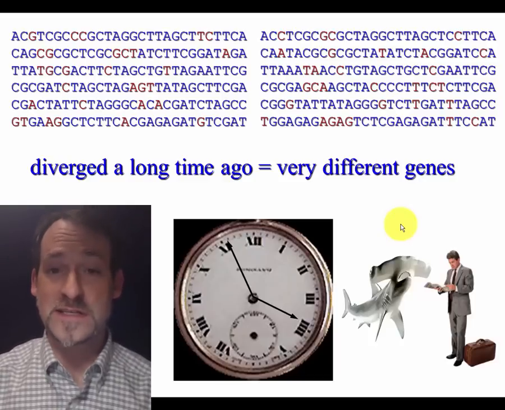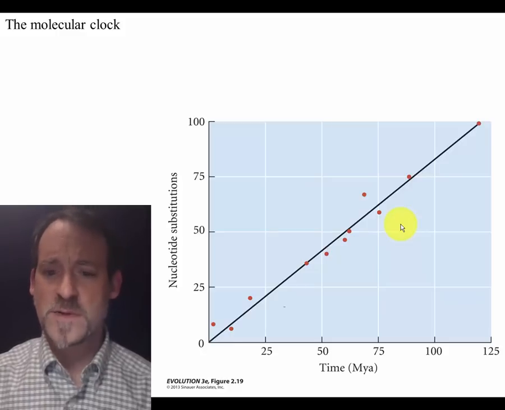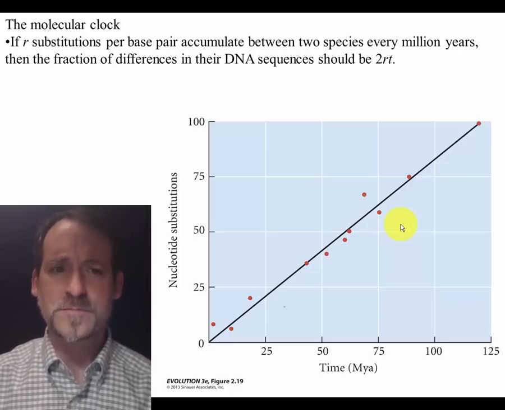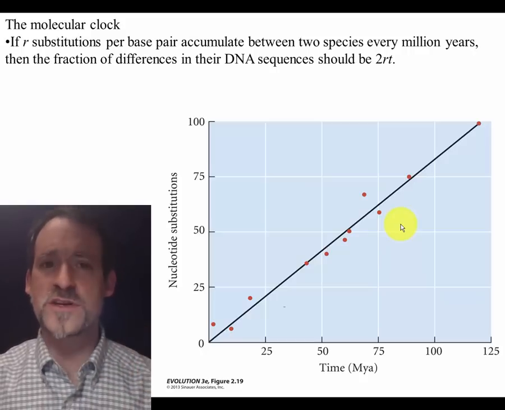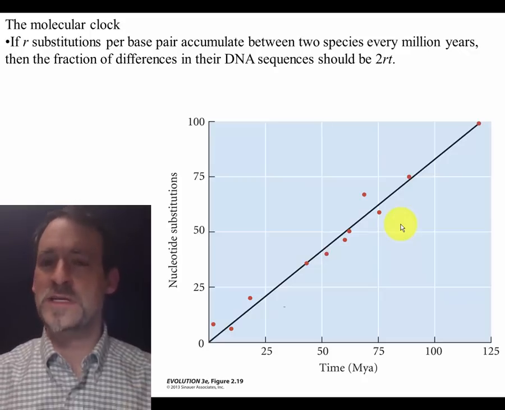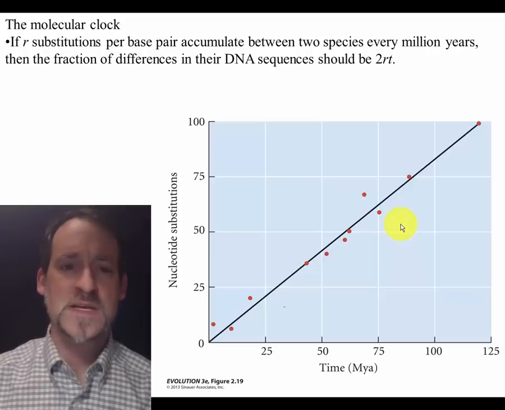You can even get quantitative with this. This is the idea of the molecular clock. If you have a certain number of substitutions per base pair accumulating every X number of years, then over time you're going to see a certain amount of difference in their DNA.